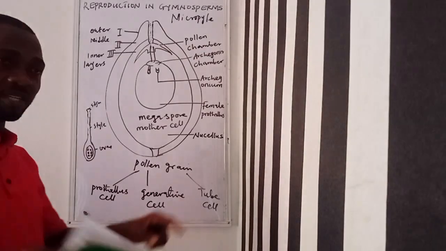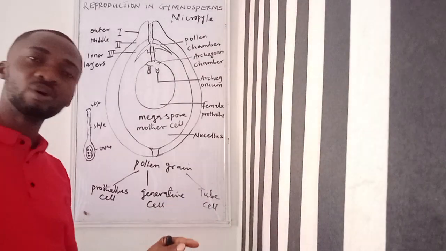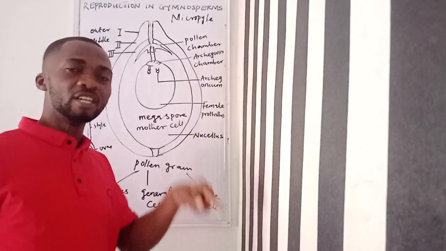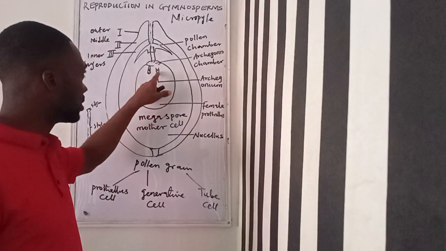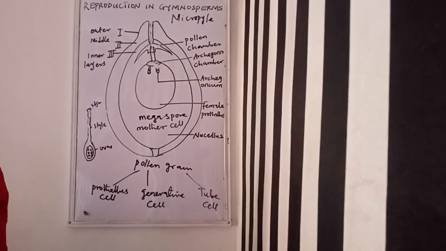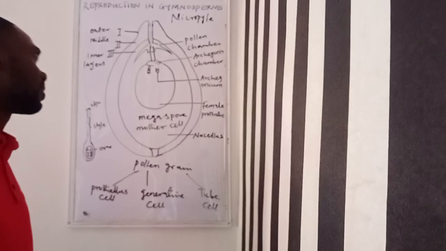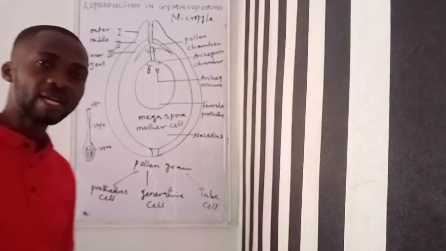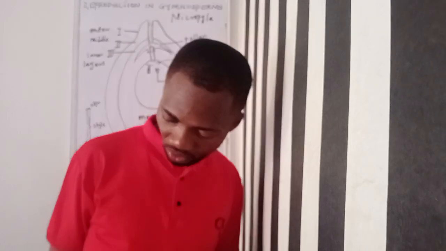That means that the cytoplasmic shield is removed and the nucleus of the male gamete fertilizes the egg nucleus. And once it fertilizes the egg nucleus within this archegonium, a zygote is formed. So this is the process of fertilization in gymnosperms, with emphasis on Cycas. Cycas is an example.